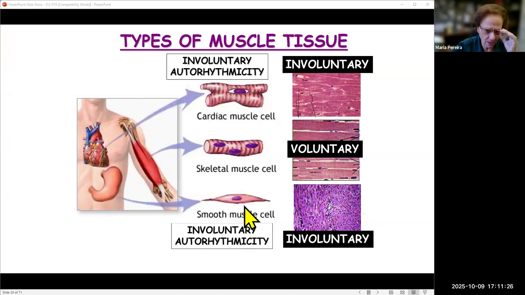How are they different or similar? Cardiac muscle and skeletal muscle are striated. What does that mean? You look at them, and this image of course is colored by computer or some way or another, but in us we don't see these colors.